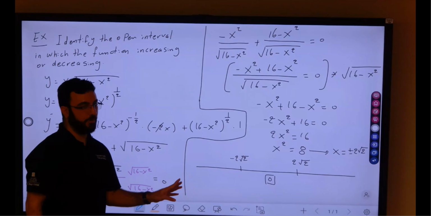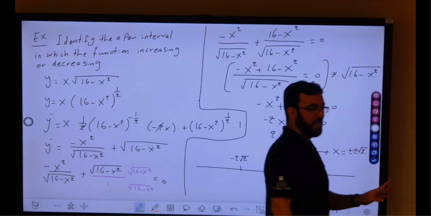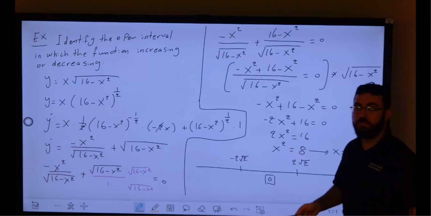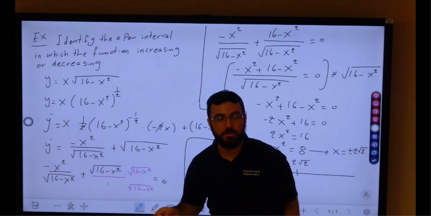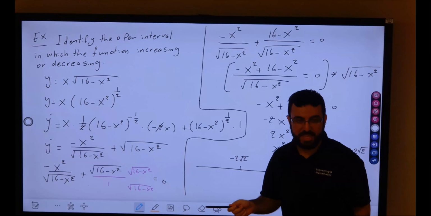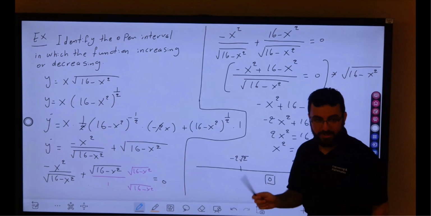Can I choose negative 4? Think about that. Any number divided by 0 is undefined. So can I choose negative 4? No. Can I choose 4? No.